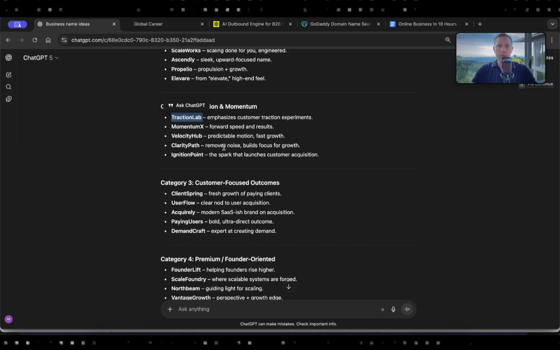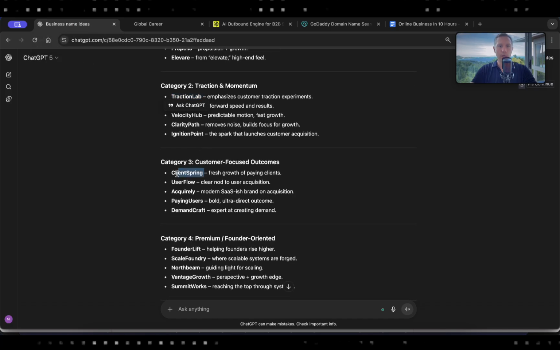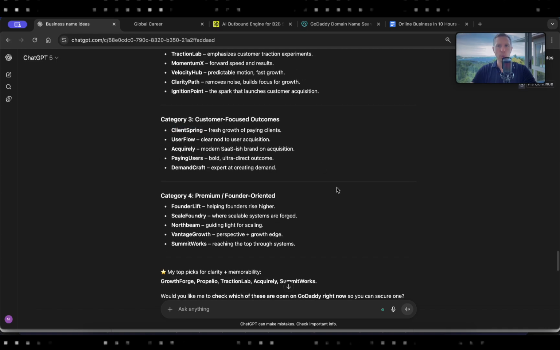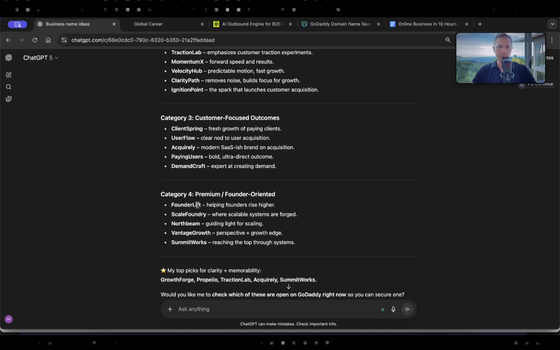Let's see what other names. I like the Client Spring, but that's not super tech focused. It's more agency. Founder Lift.